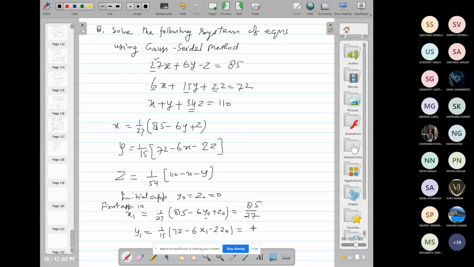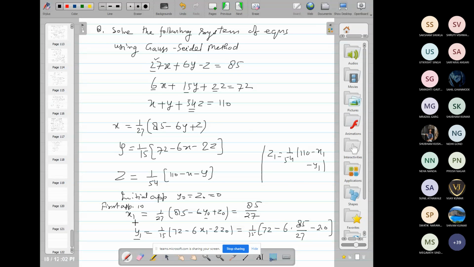So this is equal to 1/15 of (72 minus 6 into 85/27 and minus 2 into 0). So this is y1. Similarly, we obtain z1 equal to 1/54 of (110 minus x1 minus y1).